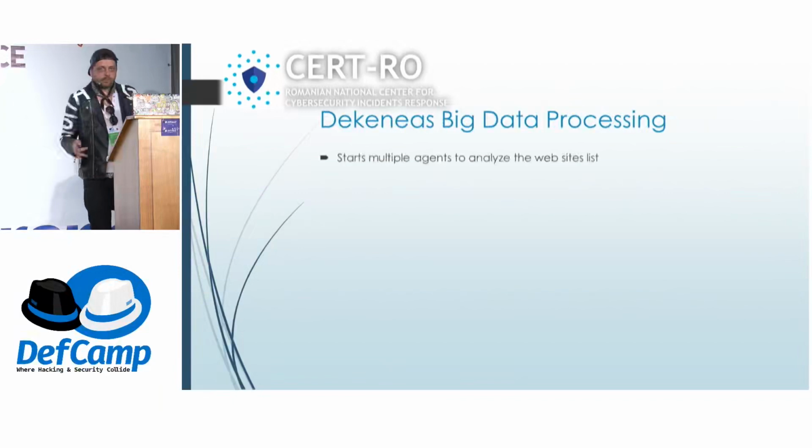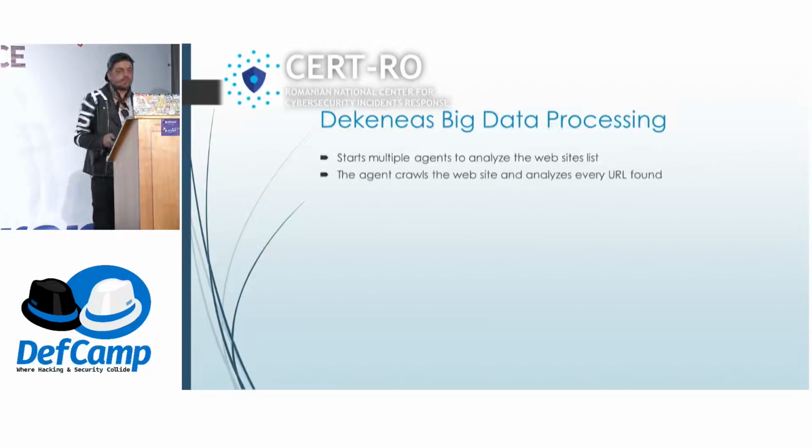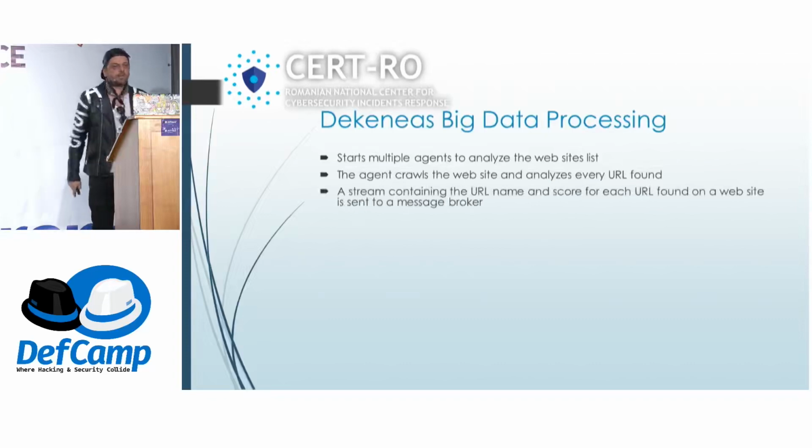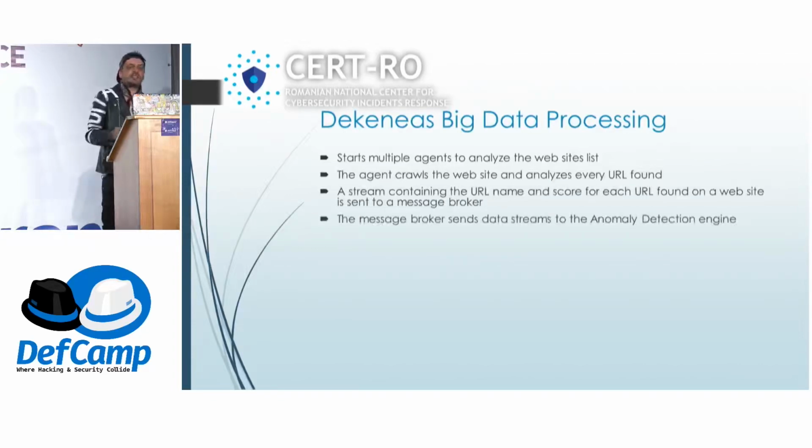So the big data processing for the CNAS, the name of the tool we developed, basically starts multiple agents to analyze a given list of websites. The agent crawls the website and analyzes every URL found. A stream containing the URL name and the score for each URL found on a website is sent to a message broker. The message broker sends data streams to an anomaly detection engine.